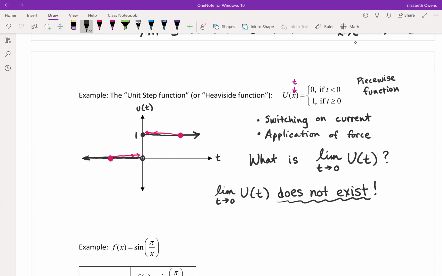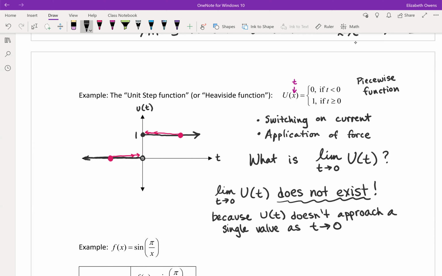So this limit does not exist because our function u of t doesn't approach a single value as t approaches 0.